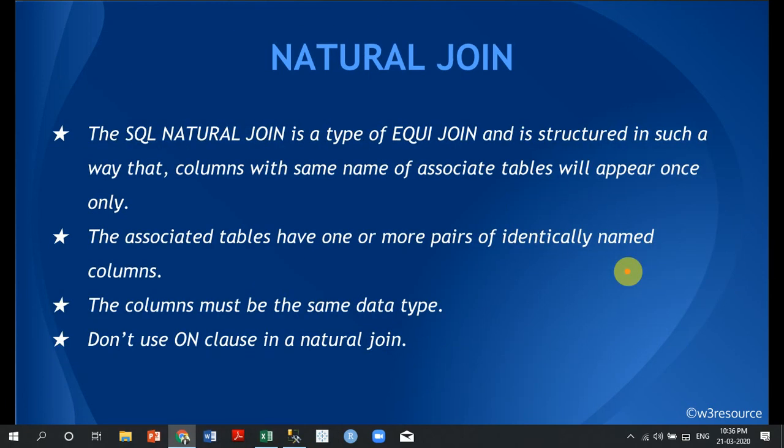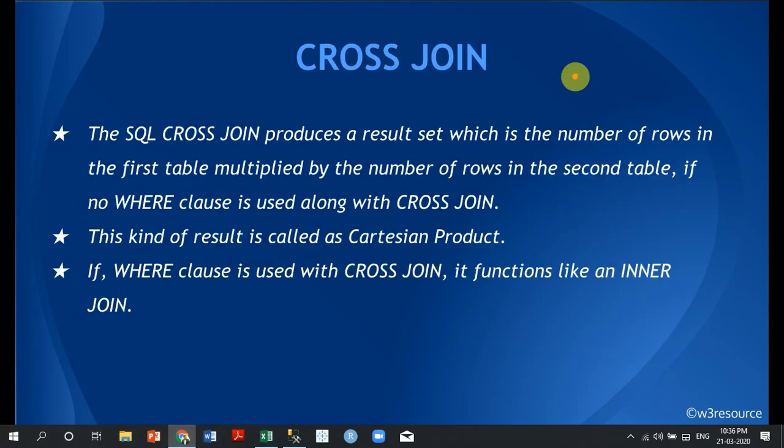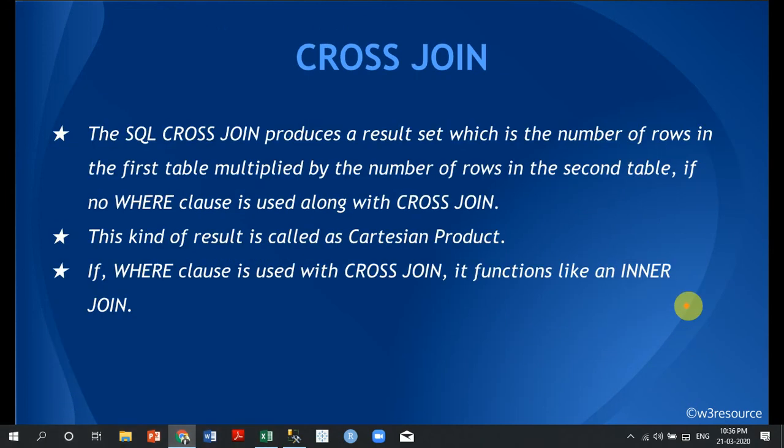Then what will natural join do? It will give us only those records which are common in both the tables, and the common column will appear once. There is only one difference between inner join and natural join: in inner join, the common column will come twice, but in natural join, the common column will come only once. For example, here A is coming only once, and the rest are the unmatched columns. Now cross join. What is cross join? Try to recall.